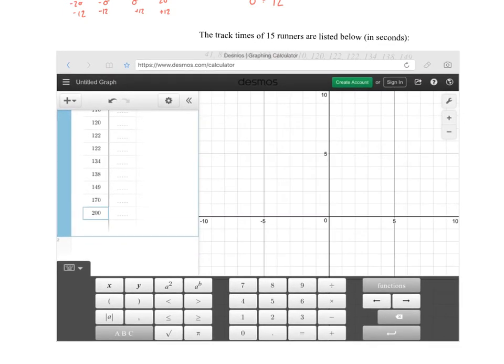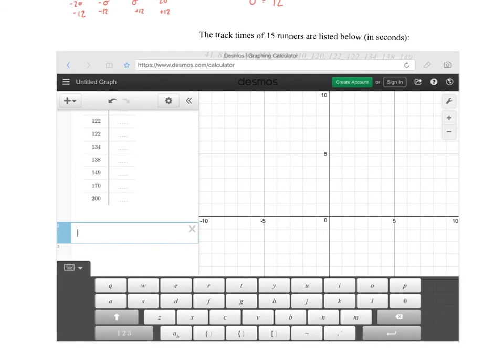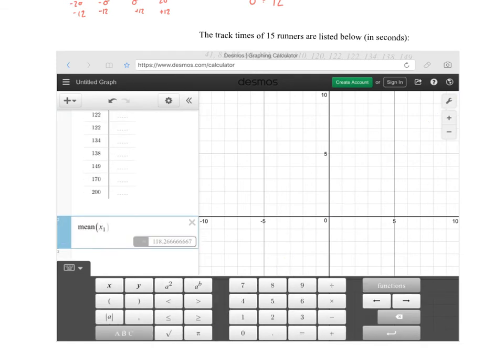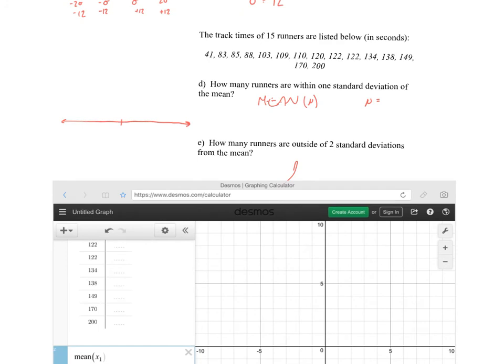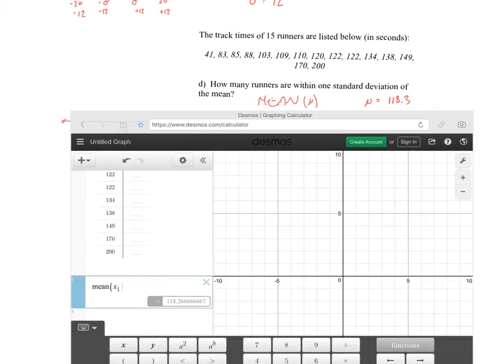I'm just going to type in mean, parentheses, and I'll grab the data from column 1. So the mean of this data set is 118.3. So that's what goes right here in the middle. Now we're going to have 1 standard deviation above, and 1 standard deviation below as well. So the next thing we got to know is, what's the standard deviation of this set of data?